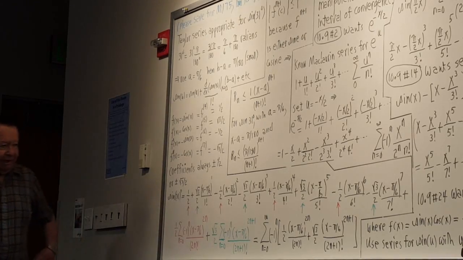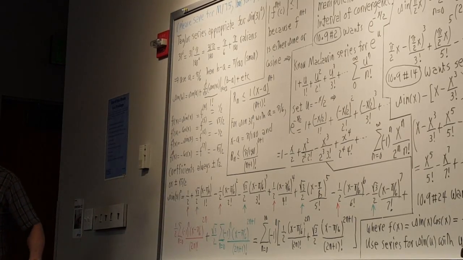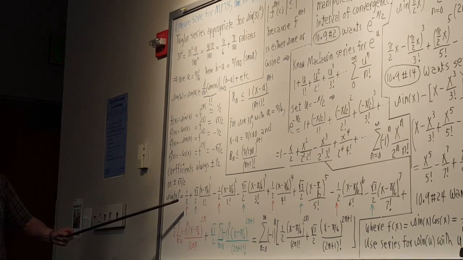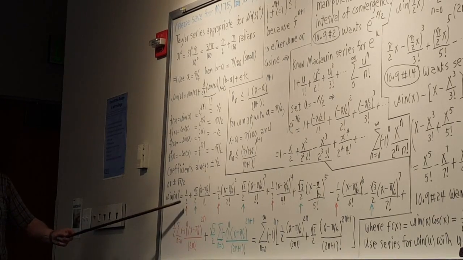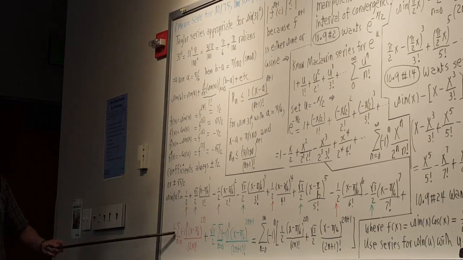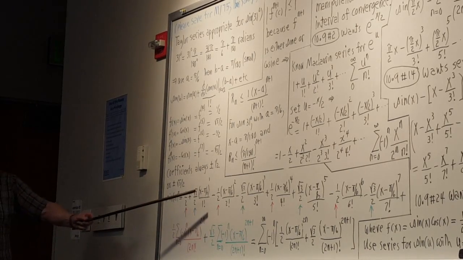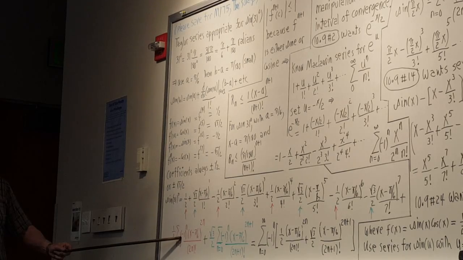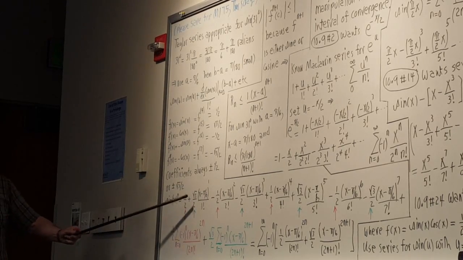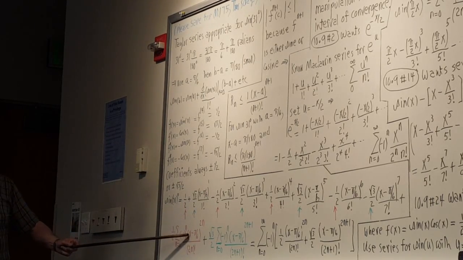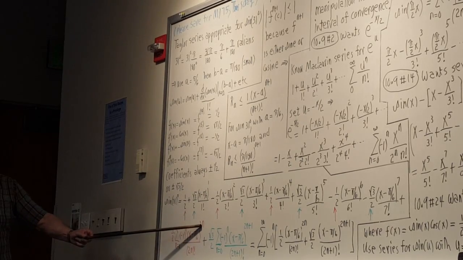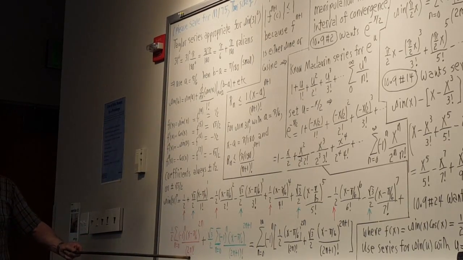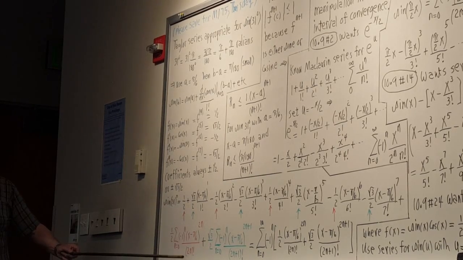The way to get this in summation form is to separate the reds from the greens. With the reds you always have a common factor of a half and a sign alternator, and you always have an x minus pi over 6 to some power, where the exponent matches the denominator of the factorial.